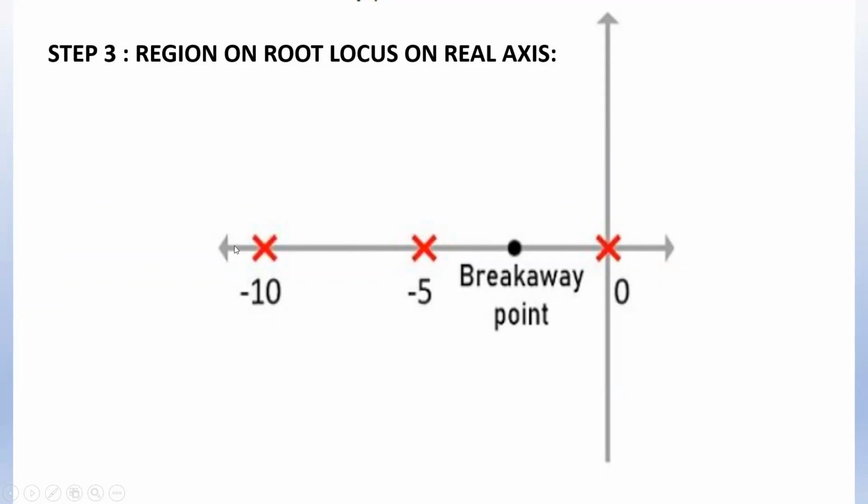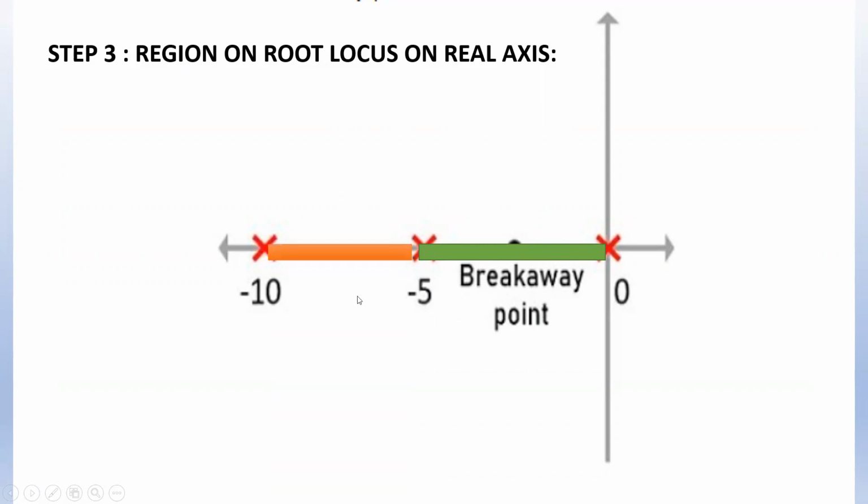However, if we take a point beside this pole, then we have three poles to the right of it, which is an odd number. And this entire portion of the real axis, up to infinity, will be on the root locus. Based on that, we can identify this green region as the region on the root locus.